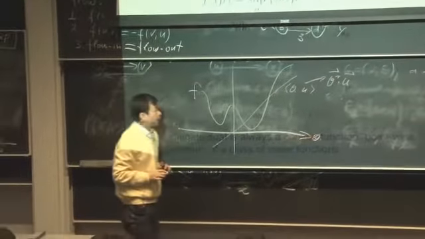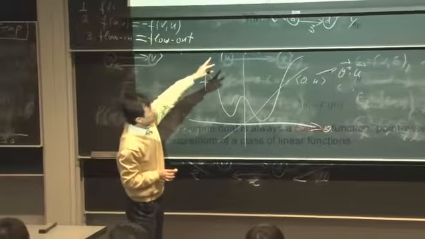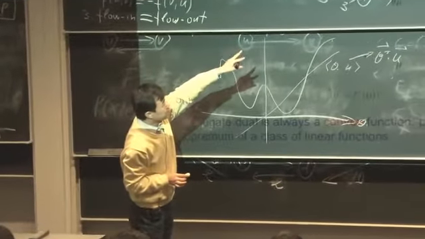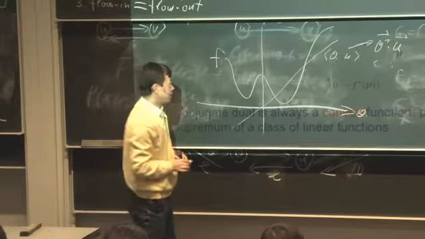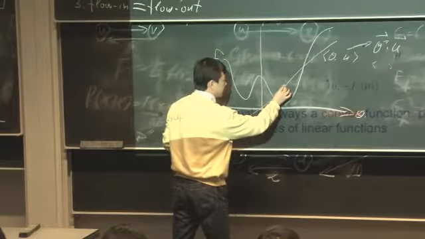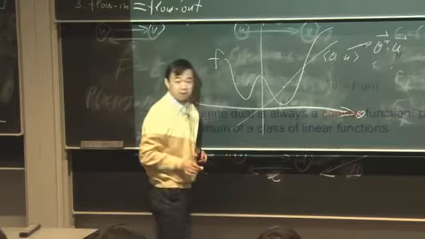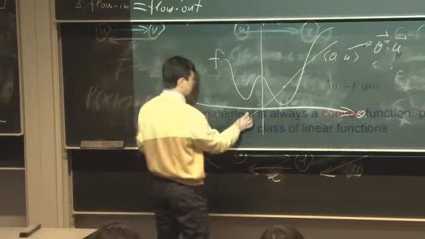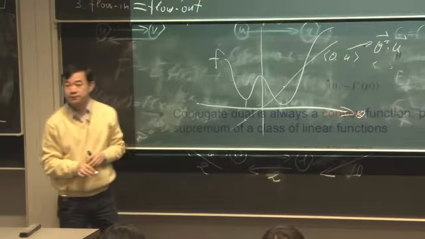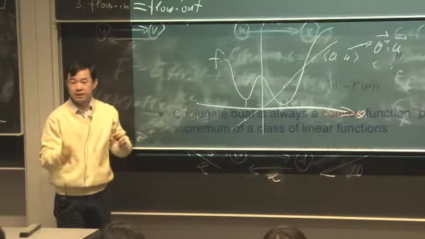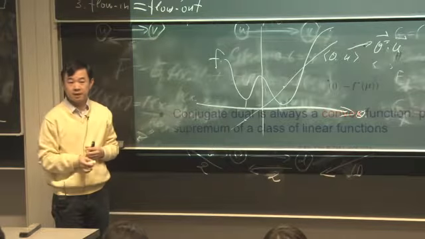Maybe I should make this explicit. Then this first term minus f of theta is basically the distance between this line and the other function, from here to here and so on. And I want the supremum of that, really the biggest distance.